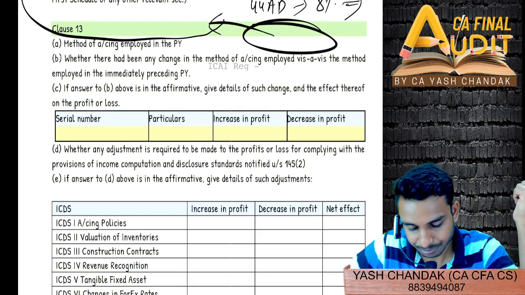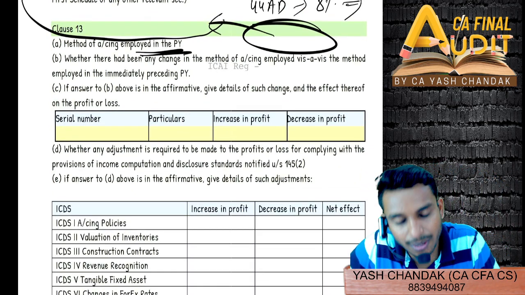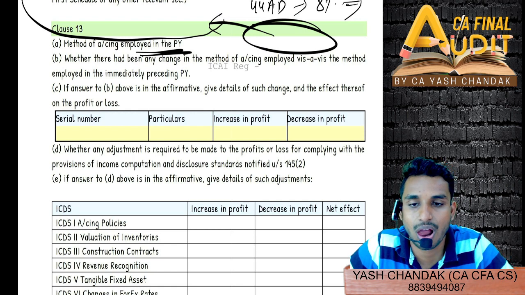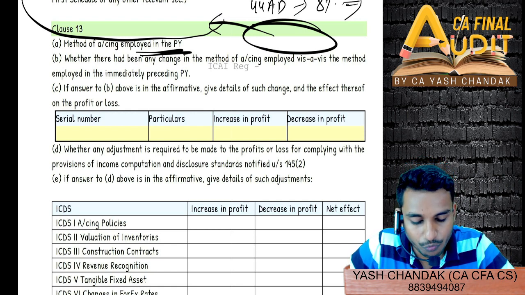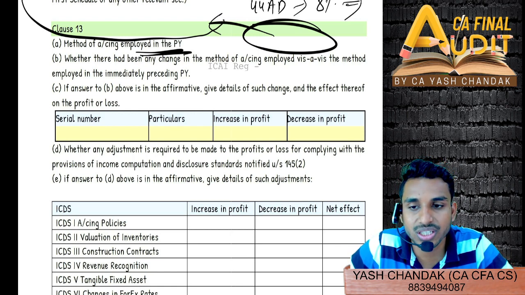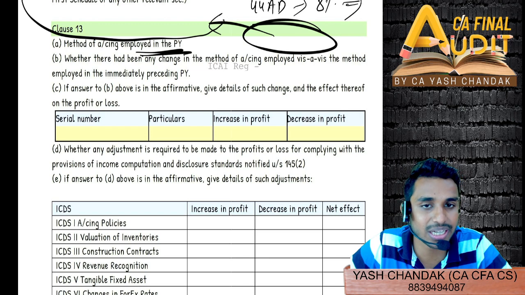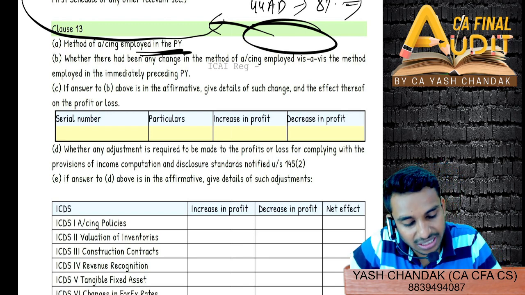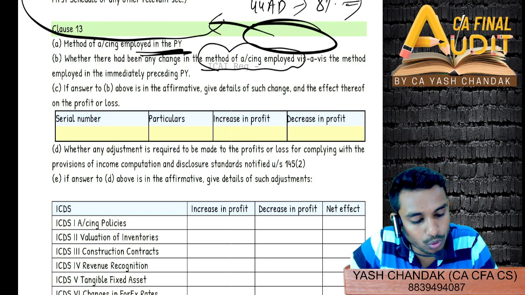Clause 13. Method of accounting employed in the previous year. So what do you think the method of accounting generally is? Cash or mercantile, right? So you have to specify here whether you are following the cash basis or the mercantile basis of accounting, and whether there has been any change in the method of accounting during the year.